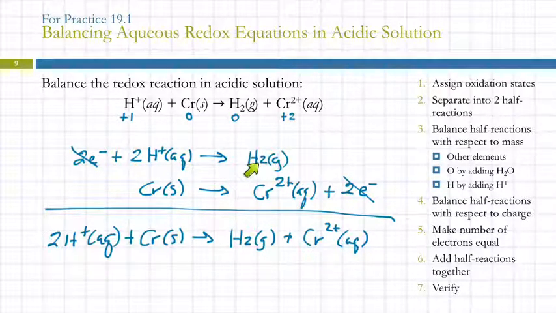H2 has no charge. And over here, before I stuck those electrons in here, I have 2 hydrogen ions, so a total of +2 charge. I need to get them the same, and the only thing I can do is add negative electrons. So I have to put 2 electrons here, so 2 negatives and 2 positives add up to 0. Down here I've got the 0 on the left and the +2 on the right, so I put the 2 electrons over here. So the charges add up.